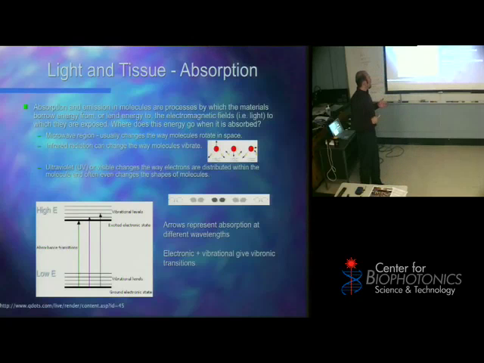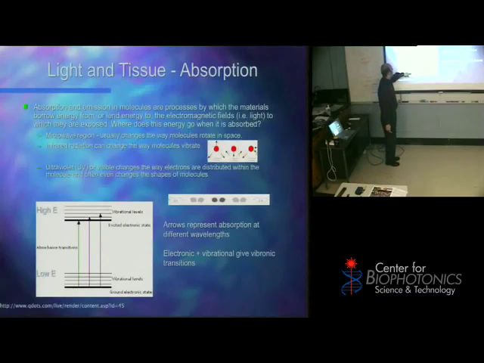Okay? Now, usually everything's happening at the same time. So if I have an energy state change that's caused by ultraviolet or visible, I get an electron jumping energy level. When we make these other lines like this, these are vibrational levels. Okay? And changes within these lines will be changes in vibrational state.